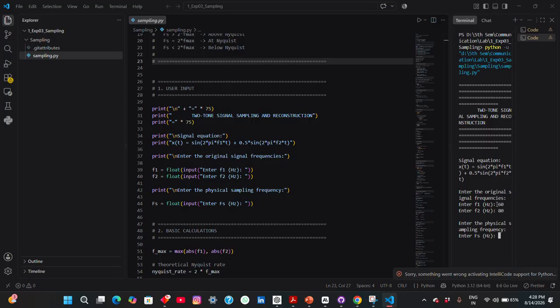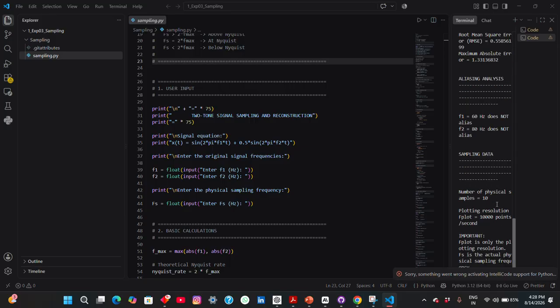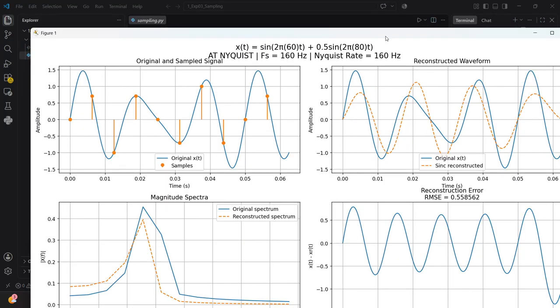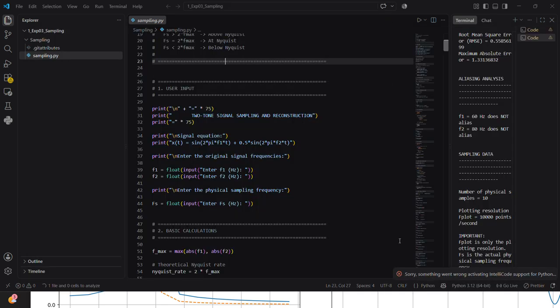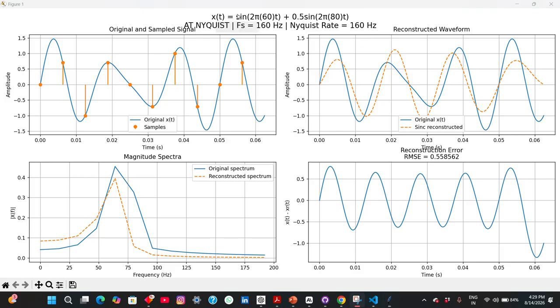Now let's take a sampling frequency of 160 Hz. Now our sampling frequency is 160 Hz and according to theory the Nyquist rate is also 160 Hz. So it is a critical sampling case.